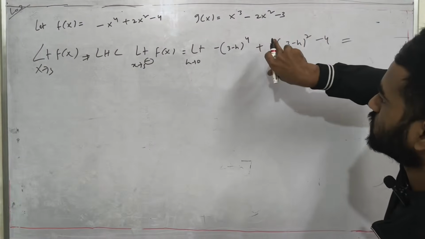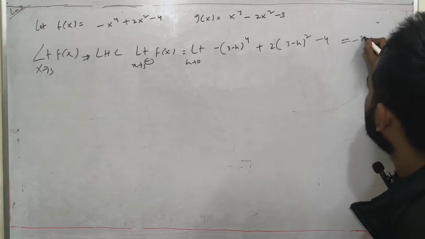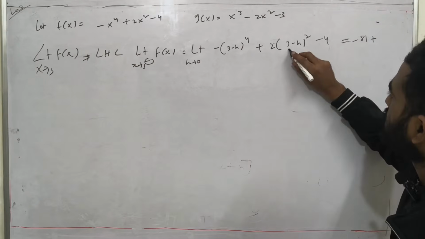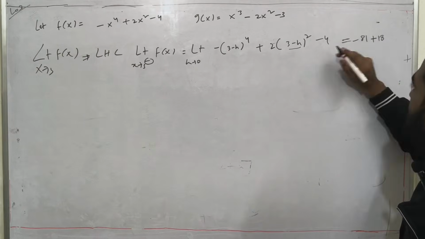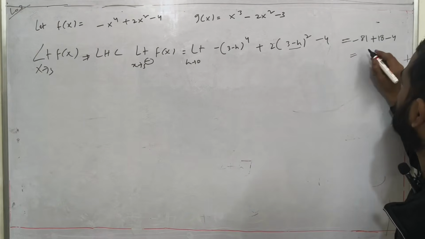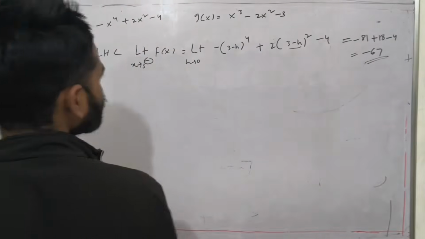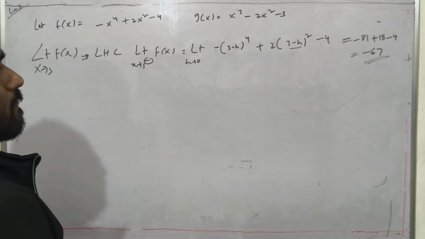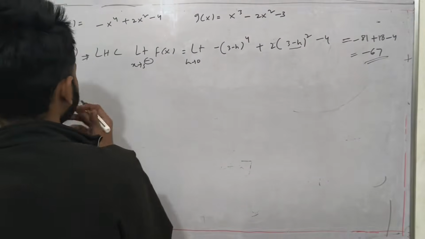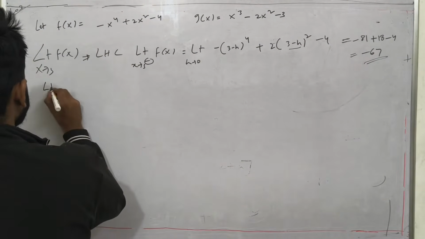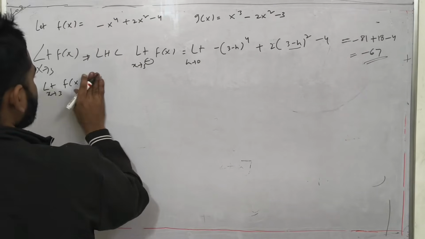This equals -3^4, which is -81, plus 3^2 is 9, times 2 is 18, minus 4, which equals -67.